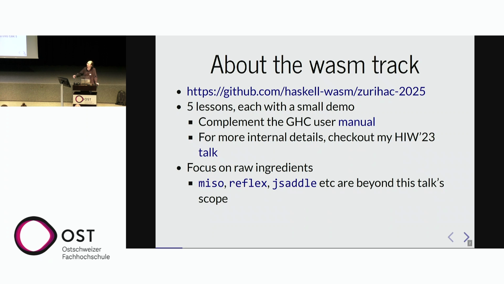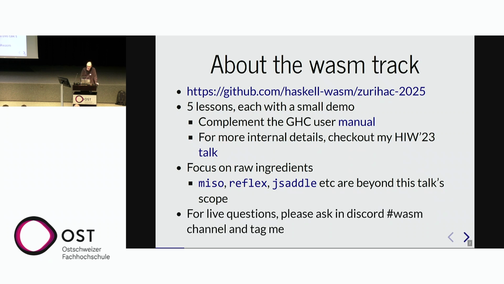In a production app that you're writing for your company's frontend, you will probably want to start with a more established framework like Miso or Reflex, because they are already tested to work with Wasm. But I figured that it would be nice to keep this talk neutral to frameworks and make it stick to lower level primitives.